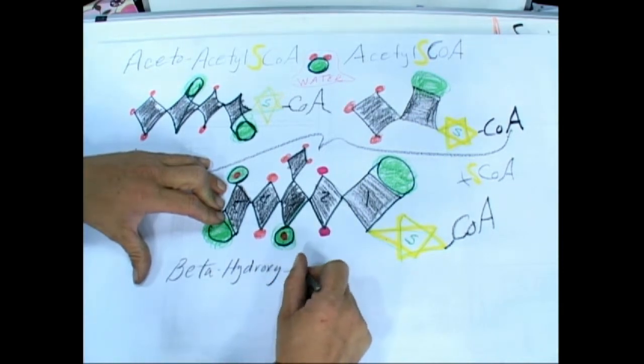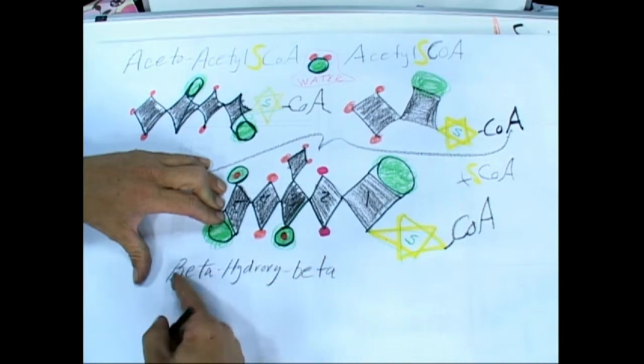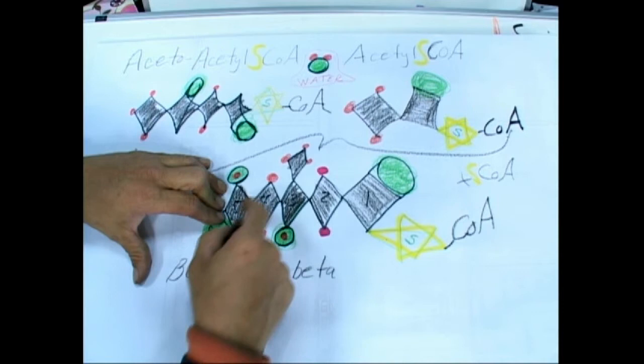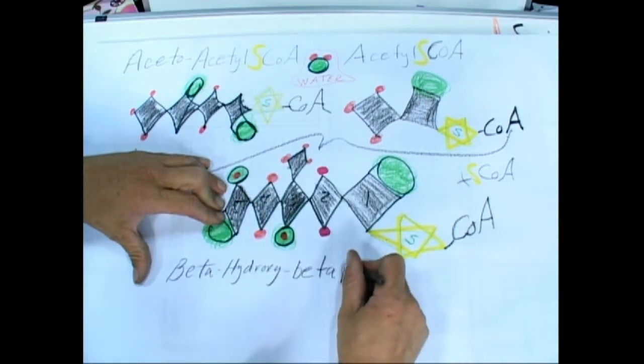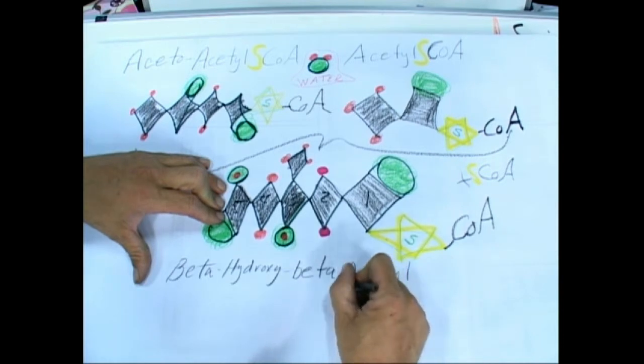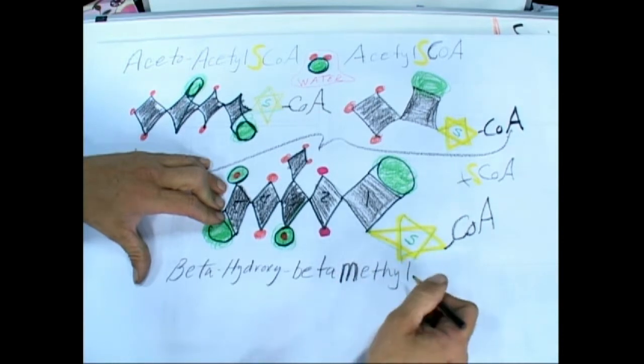Beta methyl, hey, we're not afraid of that. Just counting over 2. Beta, 1, 2, alcohol. Beta methyl, 1, 2, there's a methyl on there. So that's a long, complicated name for this little molecule, huh? But boy, if you could say it, you'd impress your friends.